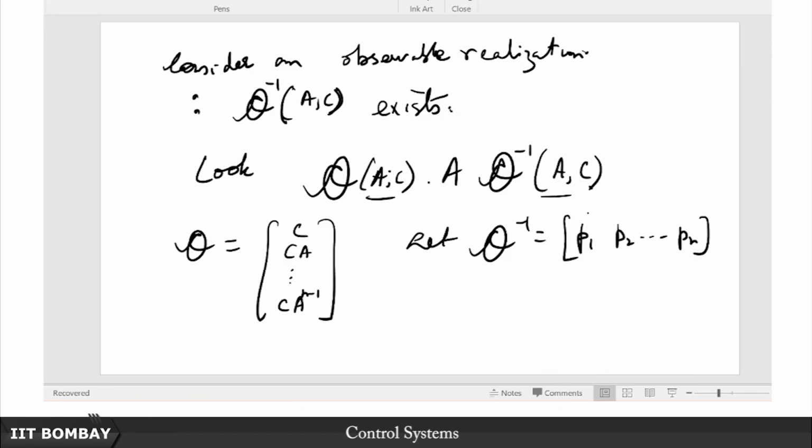So these are columns of the matrix, so these are all n-tuples.